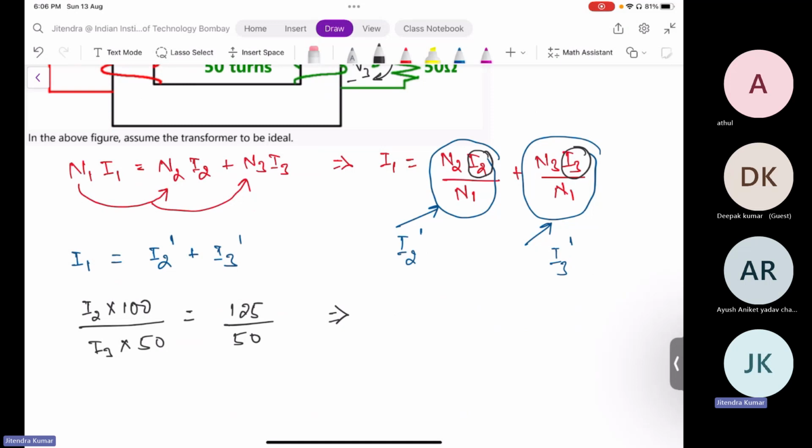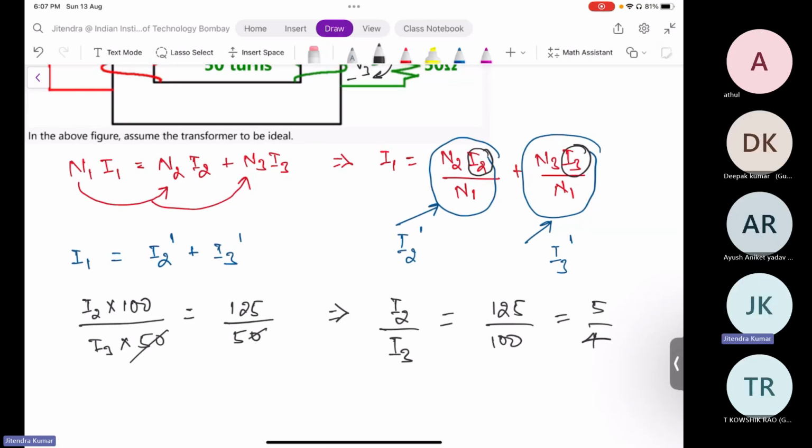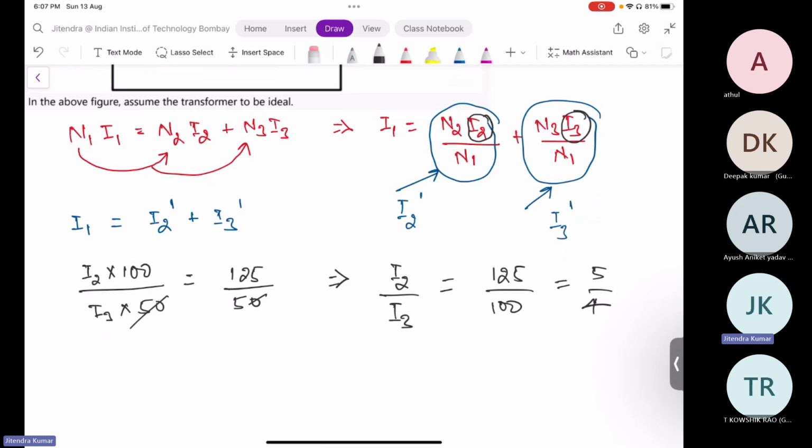Here you will get the ratio of I2 by I3, and that will be 125 by 100, so 5 by 4. Now we have found the relation of I2 and I3.